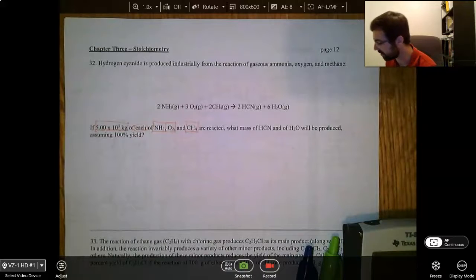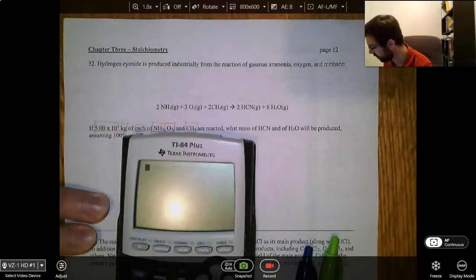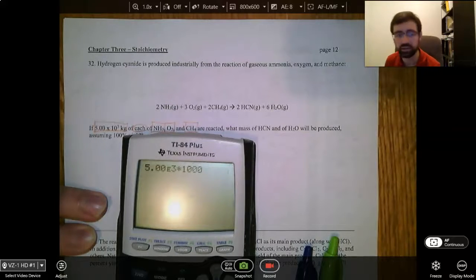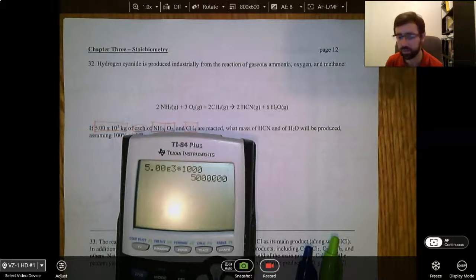So whatever this number is, we've got to multiply it by 1,000. In our calculator, we could do 5.00 times 10 to the third, but then I want to multiply it by 1,000. It's going to give me this huge number.